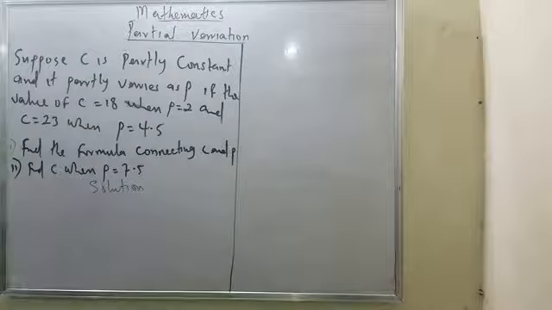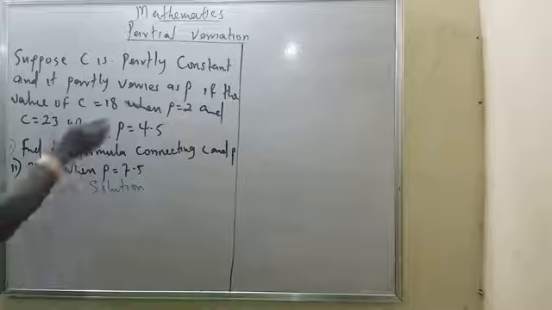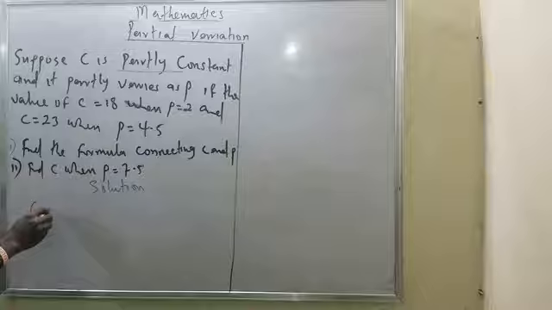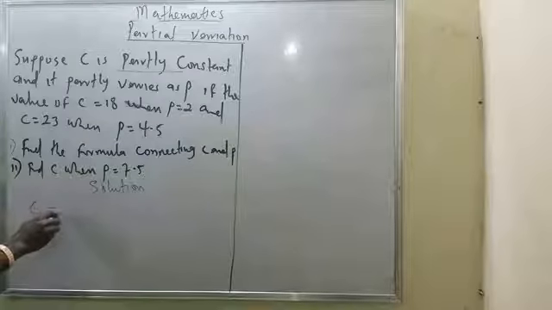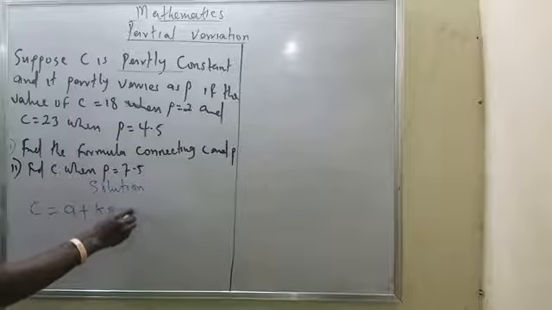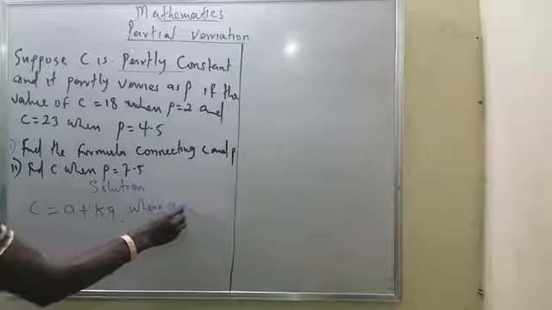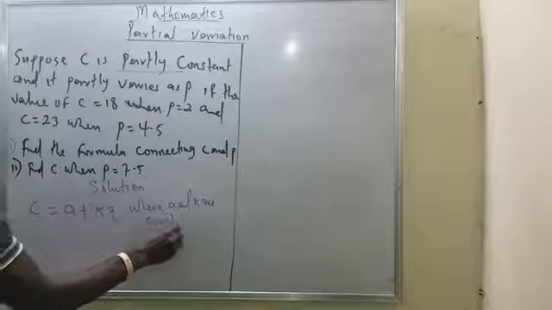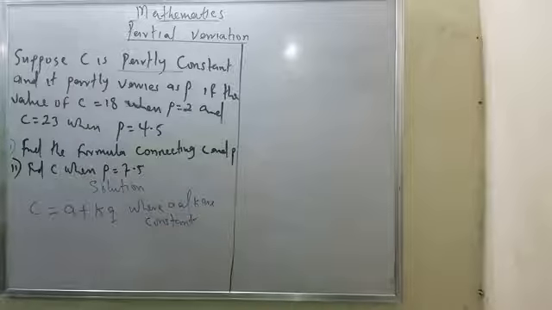Suppose C is partly constant. It means, as I explained earlier, this is the word you'll be playing around with. It means C equals A plus KP, where A and K are constants.